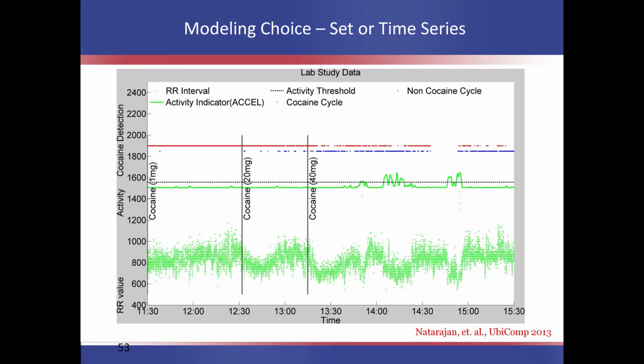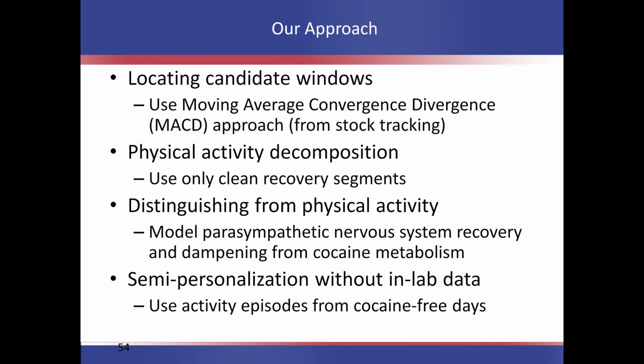So as we see, if a model is trained on clean data, from a machine learning model, then it is not able to generalize to the data even during the lab session, especially when there are physical activities. So our approach is actually to get some clues from how the body responds, what happens in the body when cocaine enters the bloodstream.